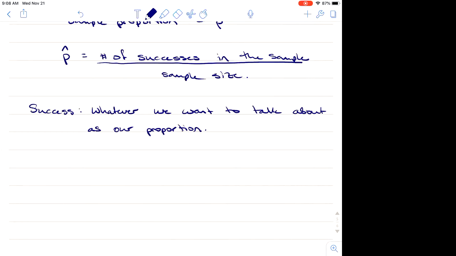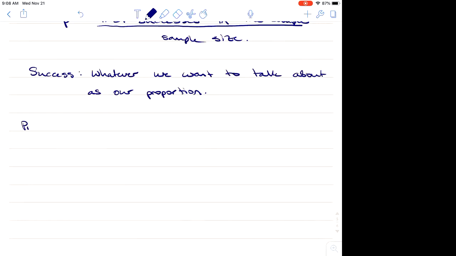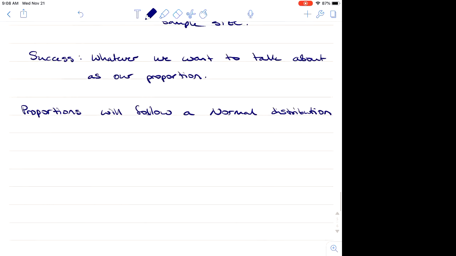So proportions will follow a normal distribution if the following assumptions are met.